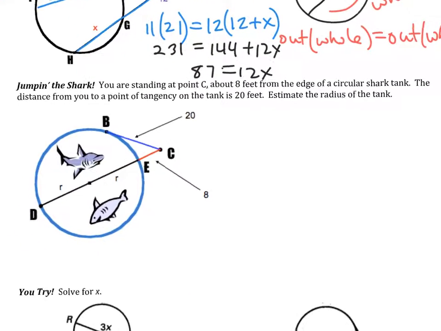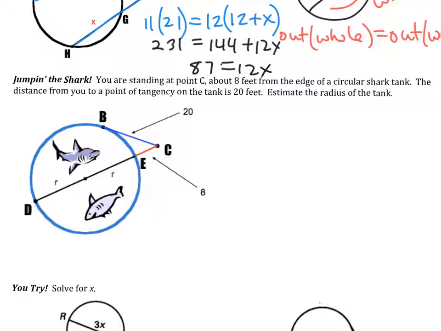The last one that we're going to learn deals with the idea of a tangent. We have our circle, a tangent line, and a secant. The tangent line is on the outside of the circle, and it's also the whole thing. So when we say outside times the whole thing, it is itself multiplied by itself.